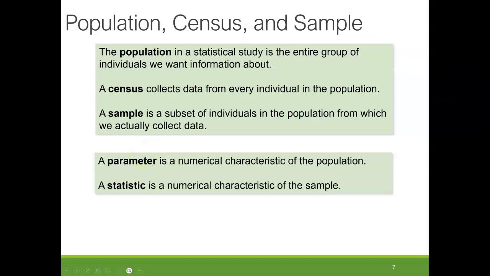So we say a parameter is a numerical characteristic of a population, and a statistic is a numerical characteristic of the sample. If we use our cars example, the parameter would be the actual rate of defect that you found by doing a census.